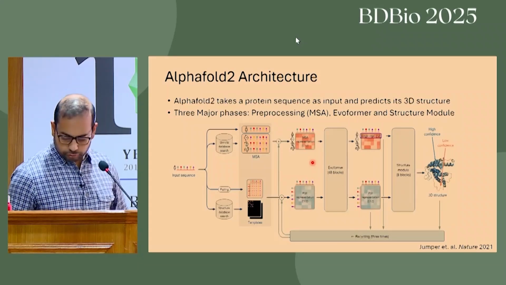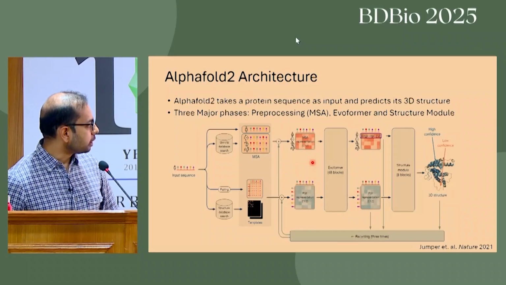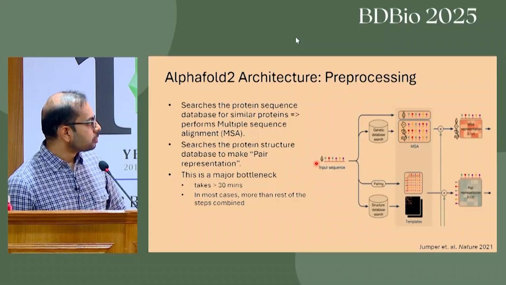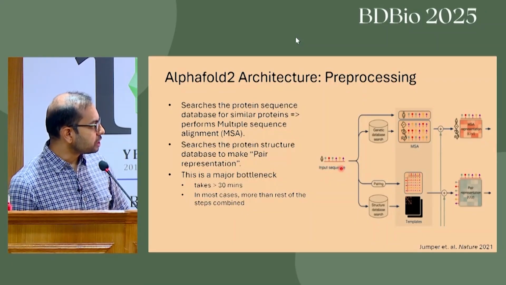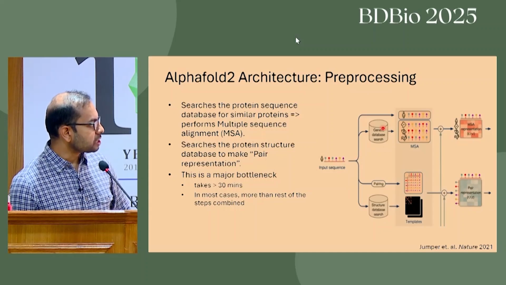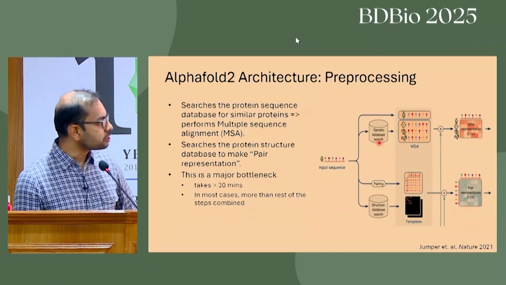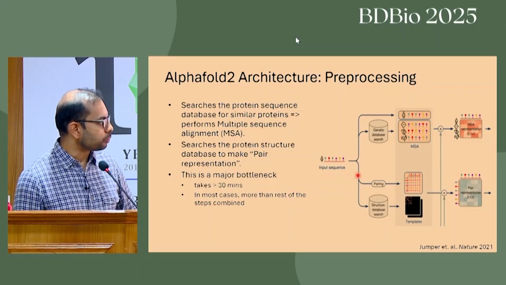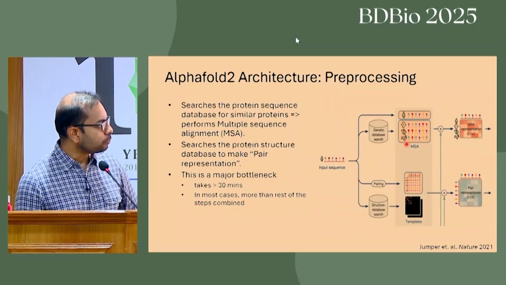So let me go to the next slide. Yeah. So what does pre-processing do? If this is our input sequence, we do a genetic database search. This is a database of all proteins known to man, and it looks for proteins which are very similar to this input sequence, and it stacks them together here.